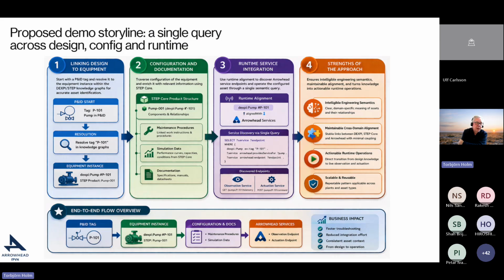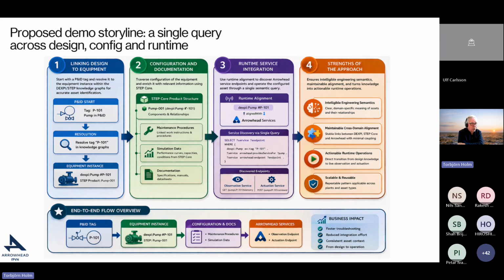If you have this P&ID and we have a P&ID tag and we can keep track of that P&ID tag is a part of, theoretically resolved by a part, a pump type, but it's also resolved in practice by an equipment instance.